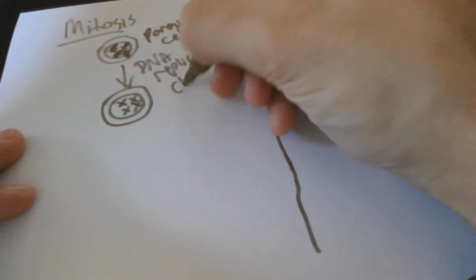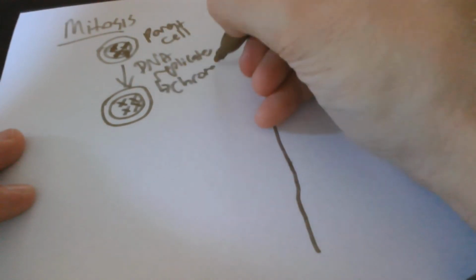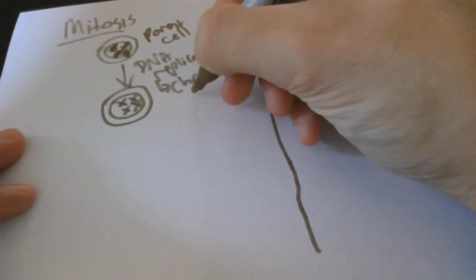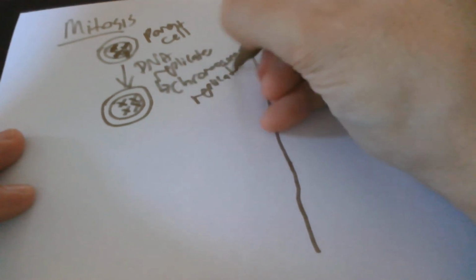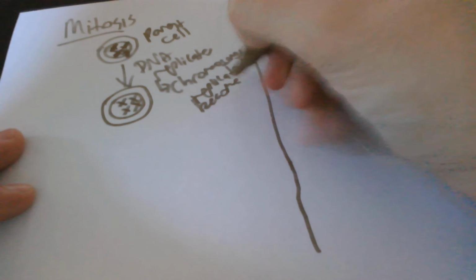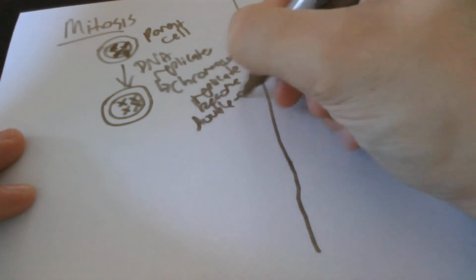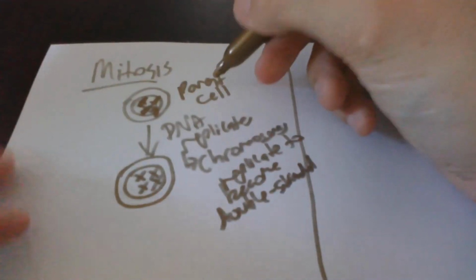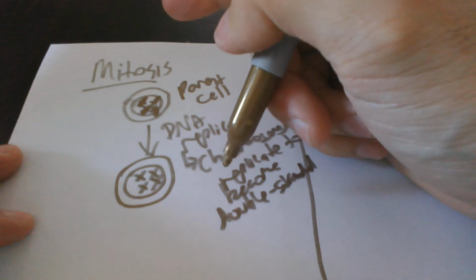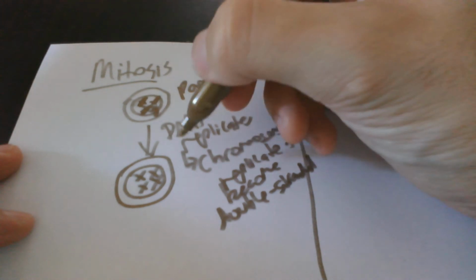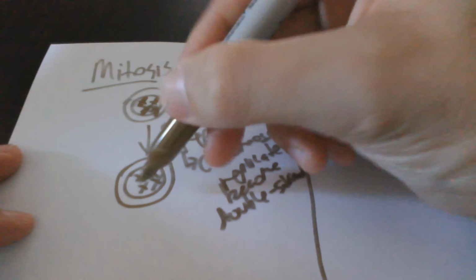So I should mention that the chromosomes replicate to become double-stranded. Why does this make sense? Well, remember, one parent cell, eventually when it replicates, it's got a double amount of chromosomes. And then cell division occurs.